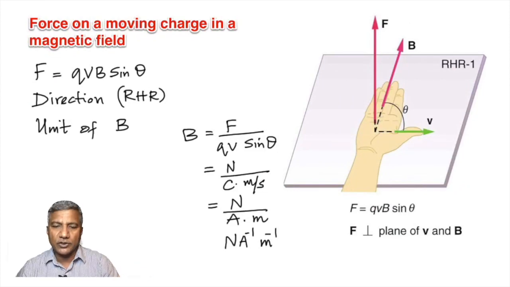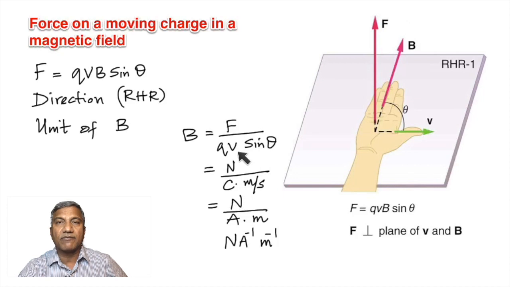In fact, we can use this formula to find the unit of magnetic field, which we have not done yet. Remember, units of magnetism are always in terms of the units of current. So when you rearrange this formula, you get B is equal to F by QV sine theta. The unit of force is Newton. The unit of charge is Coulomb.